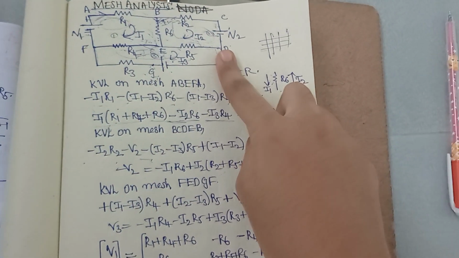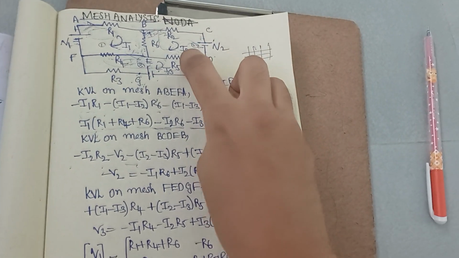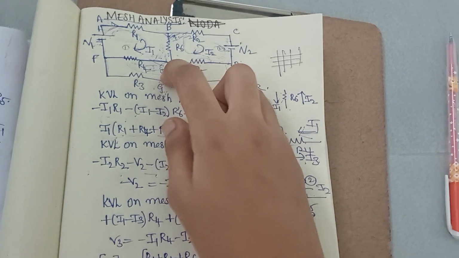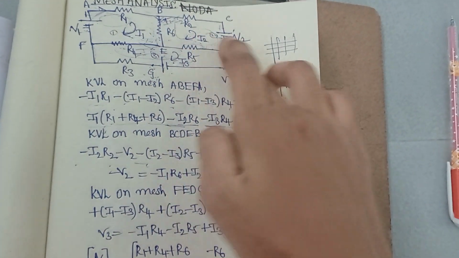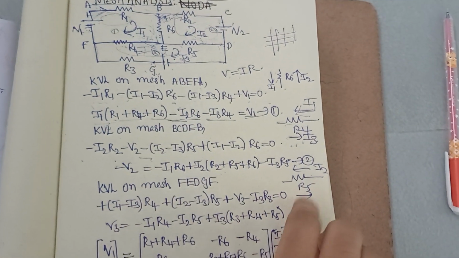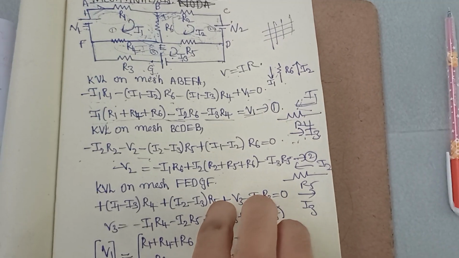Again, while coming to this R5, it will be positive, since we have considered it in this way. Previously I have explained that, right? But we are moving opposite to that, that means from negative to positive, it will be positive again. And the current flowing through this R5 is I2 minus I3. So plus (I2 minus I3) into R5.